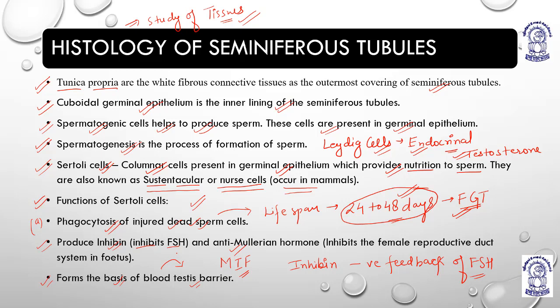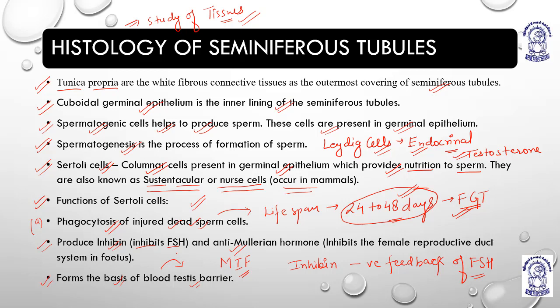Leydig cells' main function is to produce testosterone. Sertoli cells have several functions: first, they help in the phagocytosis of dead, injured sperm cells. Second, they produce inhibin, which controls the secretion of follicle stimulating hormone.